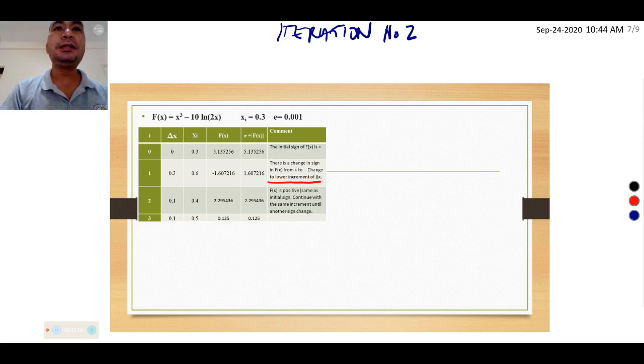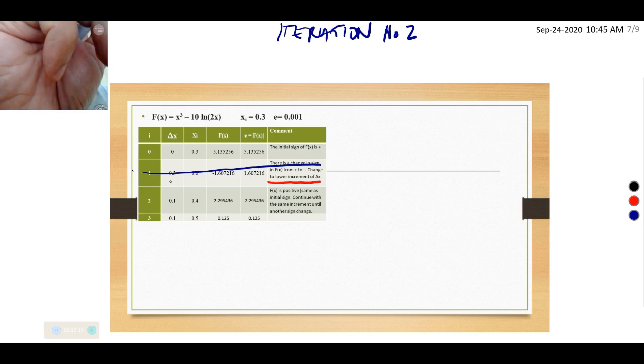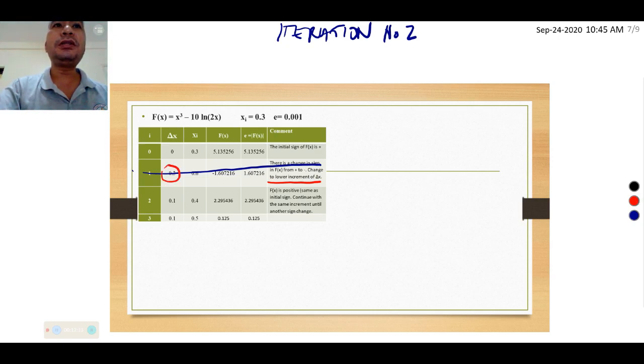So again, let's just neglect this one because there is a change from positive to negative. And we will lower the increment here from 0.3. We will lower that to 0.1.